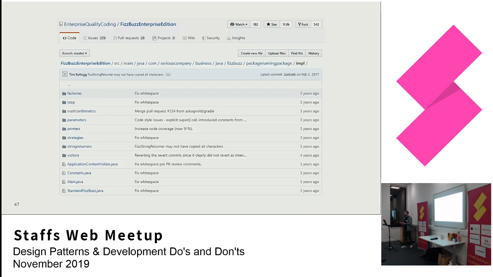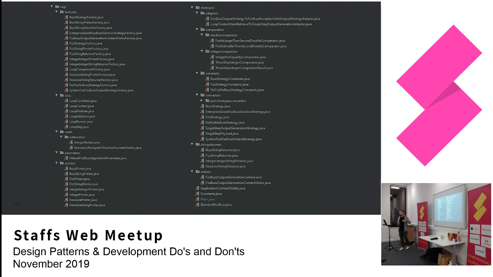There exists a thing on GitHub called Enterprise FizzBuzz. And if you open Enterprise FizzBuzz in IntelliJ, you don't even need to see the details. But believe me when I say there's strategies, visitors, factories, most patterns just slathered on top of this very simple problem.